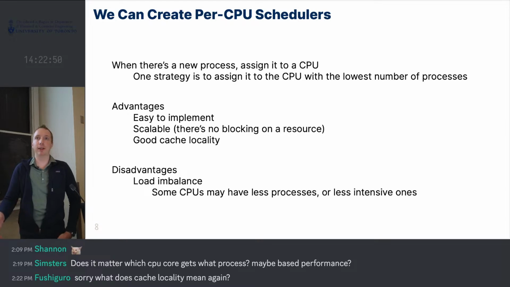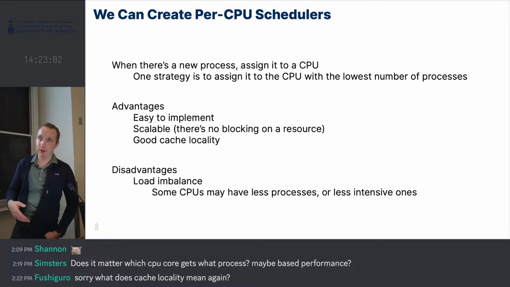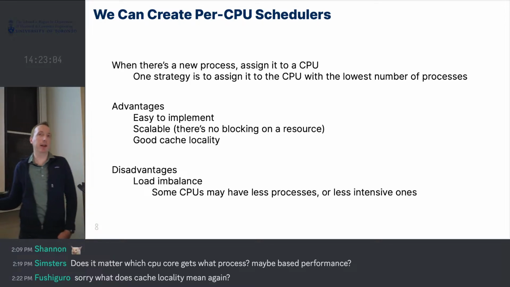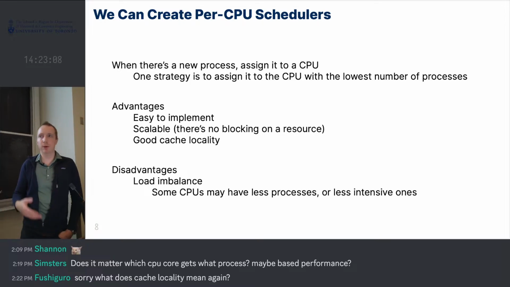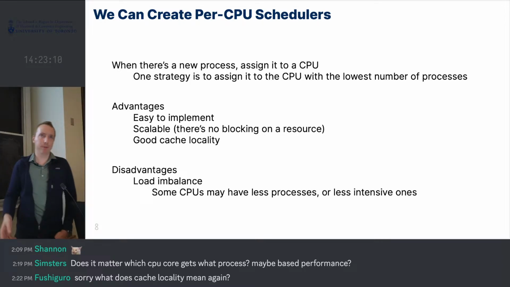Cache locality just means that the caches are still valid. Locality is just in a time period. So if you start executing and then you execute on the same CPU core half a second later, you're still locally on the same CPU, and your caches would still be valid, or at least most of them.